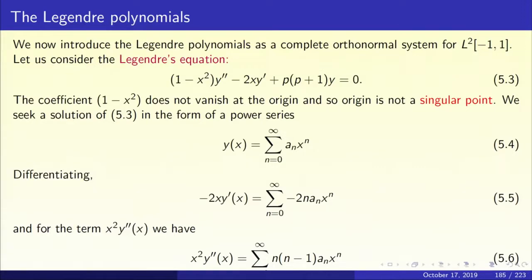So now we have concluded that if we assume y of 1 is 0, then compulsorily y prime of 1 is 0, y double prime of 1 is 0, and I must keep on differentiating the differential equation 5.3 again and again, and at each step I should put x equal to 1, and I will conclude that the fourth derivative of y is 0, the fifth derivative of y is 0, all the derivatives of y vanish when x equal to 1, and y is a polynomial.